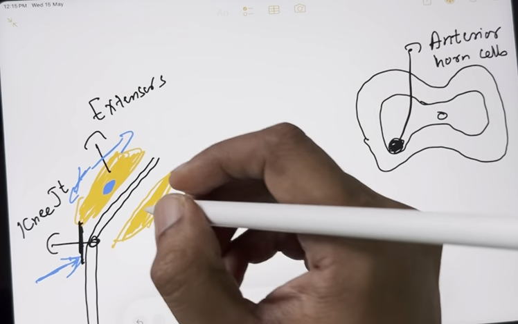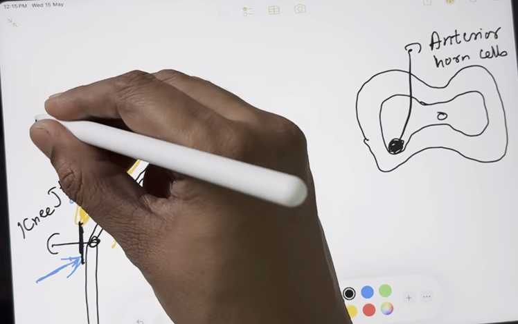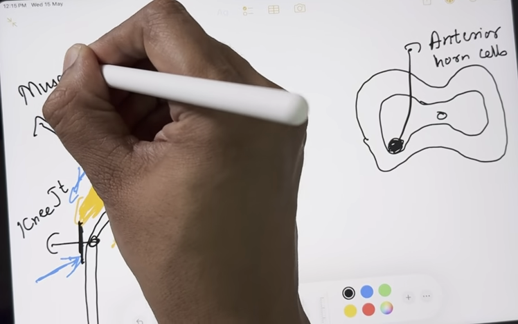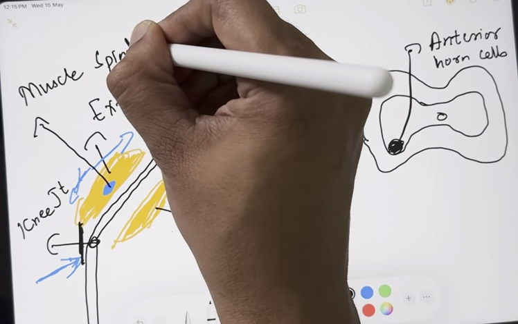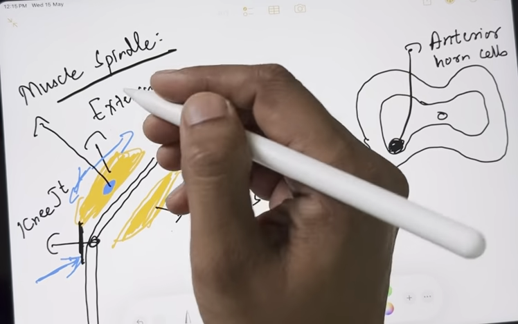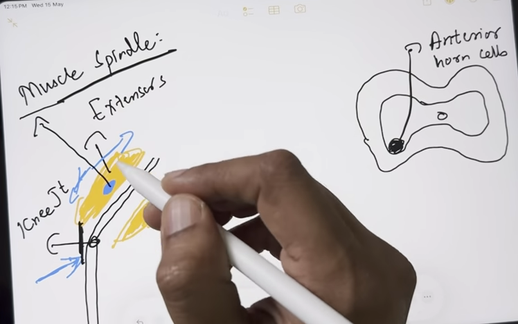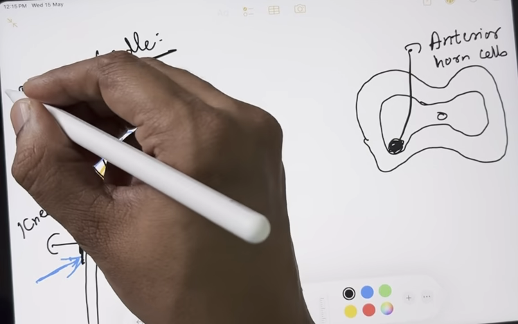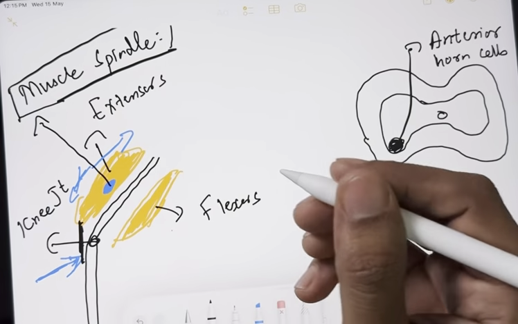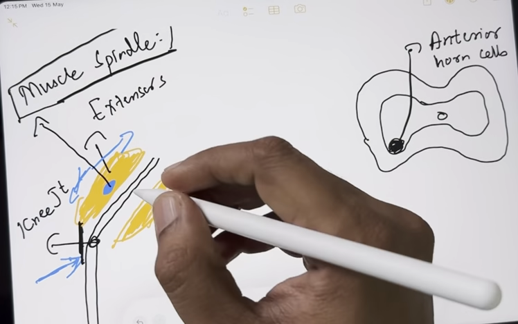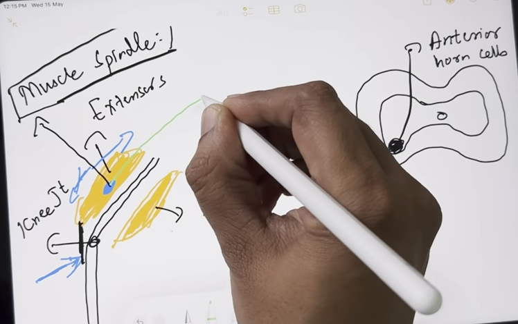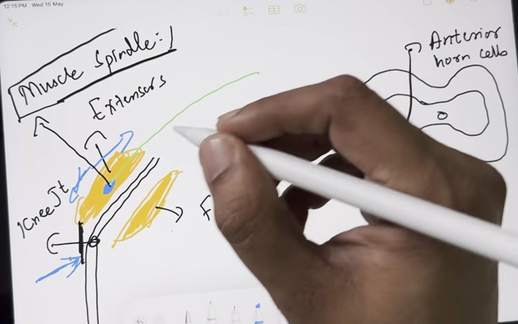This stretch sensitive receptor present in the muscle is known as the muscle spindle. We have discussed the muscle spindle in previous lectures. Those who have missed that lecture, please go to our playlist and watch the video on the structure of the muscle spindle. From the muscle spindle, there are afferent nerves which carry the sensations of the stretch of the muscle.